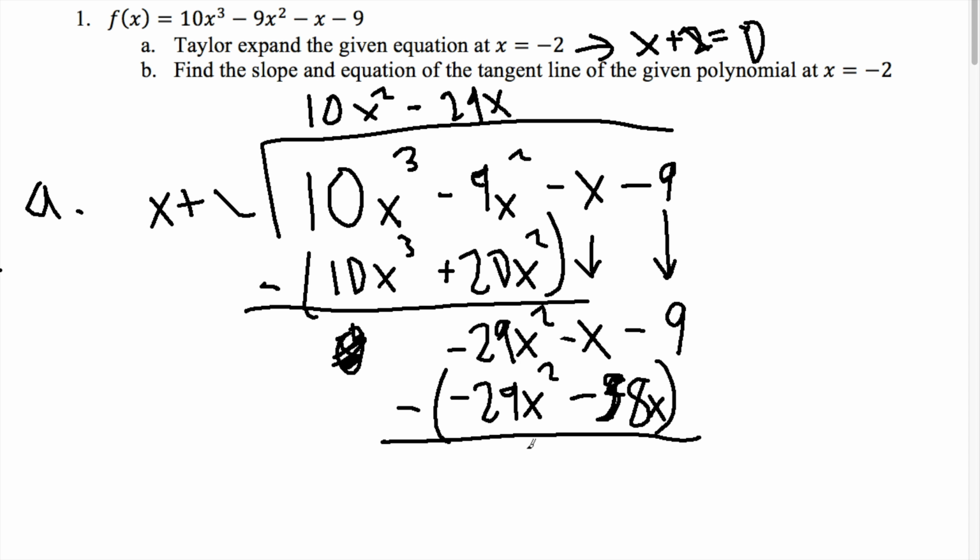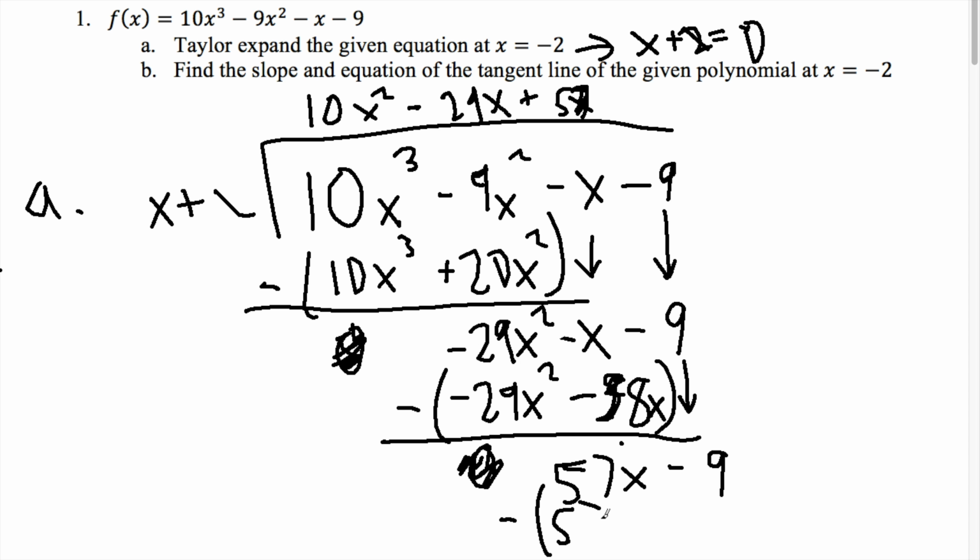Once you distribute the negative, this is equal to 0, so you ignore it, and you get that this is equal to 57x. Then you bring the 9 down, so you get 57x minus 9, and you can simplify one step further by figuring out how many times x goes into 57x. And it's 57 times. So you do plus 57, multiply 57 by x plus 2, and subtract that value.